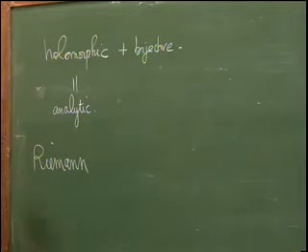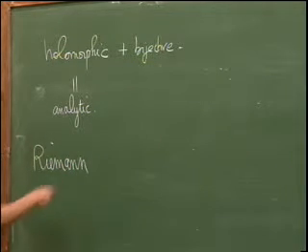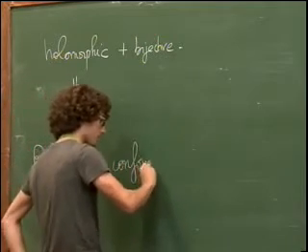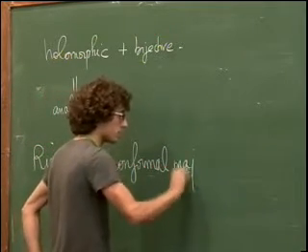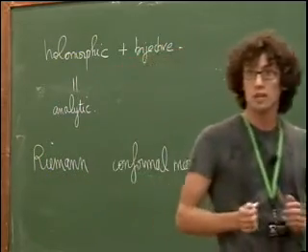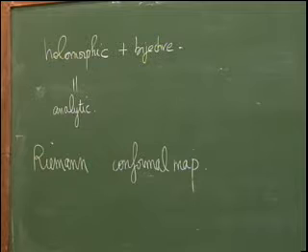He introduced the notion of conformal map, not exactly this one, but you will see. What he called a conformal map is a function which preserves angles. And again, non-trivial theorem, it's the same as a holomorphic plus bijective map.